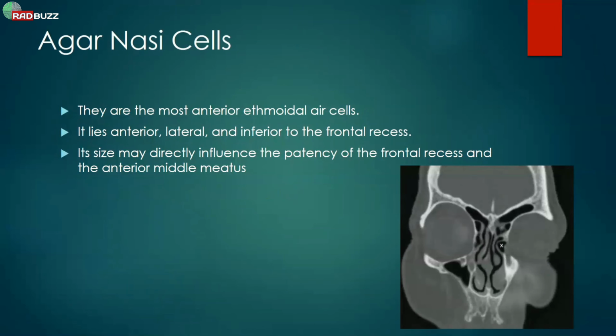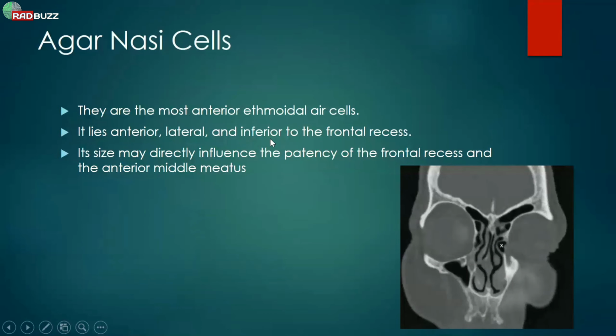Agger nasi cells. These are another anatomical variant, all these are anatomical variants. These are normal and you should mention whenever you see these on imaging. The most anterior ethmoid cells, if you come very, very anteriorly here, we can see the frontal bone and frontal sinuses. This portion of anterior ethmoid, with the asterisk here, X, that's the agger nasi cell.